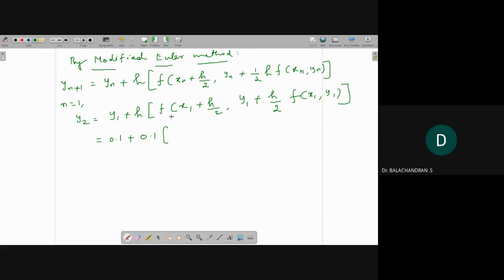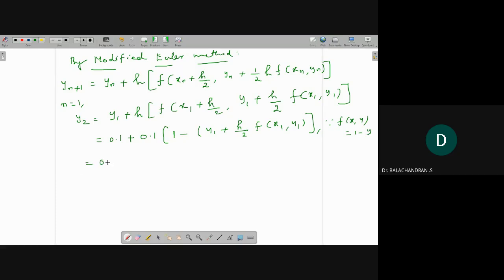Since f of x comma y equal to 1 minus y, only the y value matters.